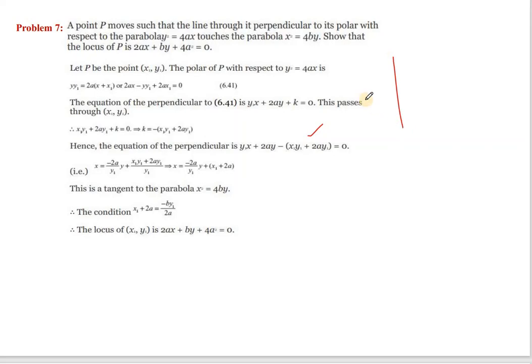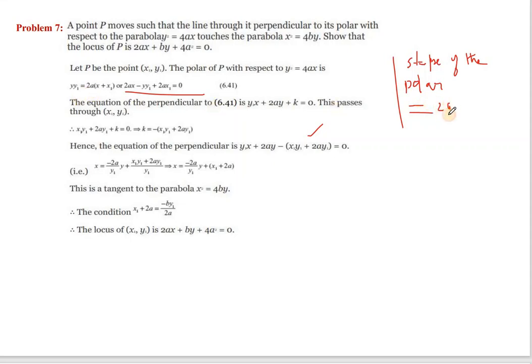Then another method is, you have the point and the polar is given by this. What is the slope of this line? What is the slope of the polar? It is 2a by y1.